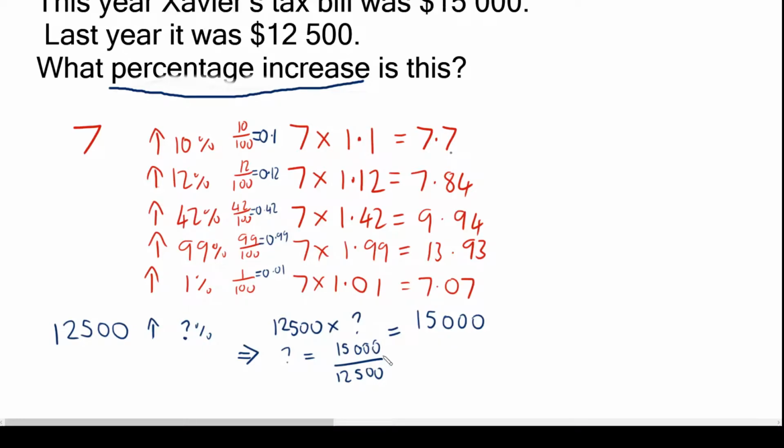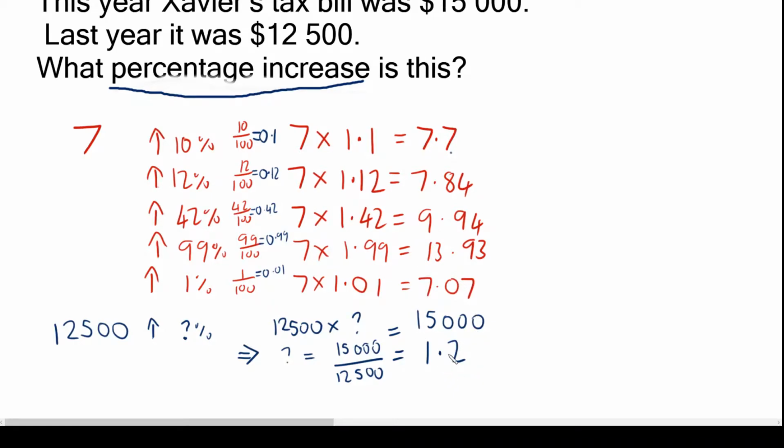Okay? And let's type it in on our calculator. So 15,000 divided by 12,500 gives me 1.2. Okay?